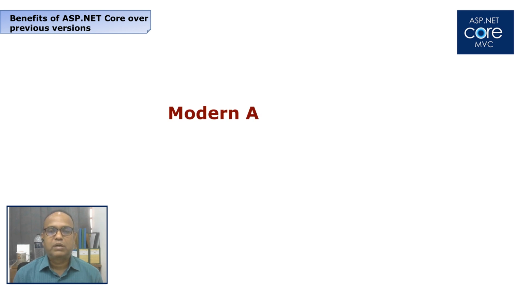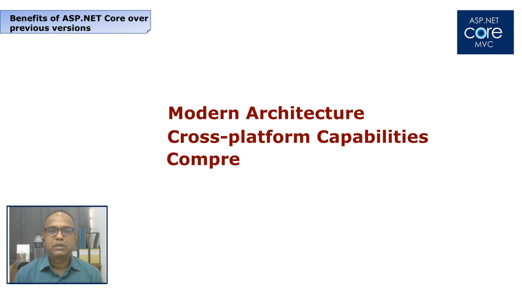Its modern architecture, cross-platform capabilities, and comprehensive features enable developers to build high-performance, secure, and scalable applications that are aligned with contemporary web development practices. Transitioning to ASP.NET Core can greatly enhance productivity and application quality for developers.